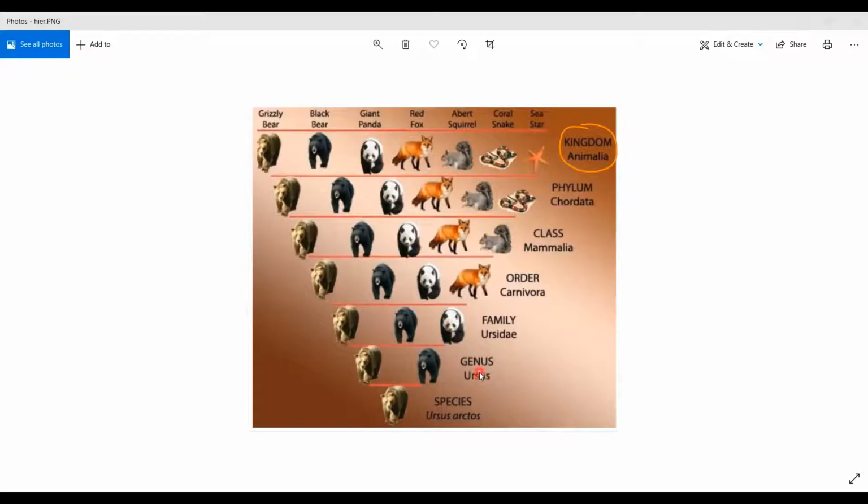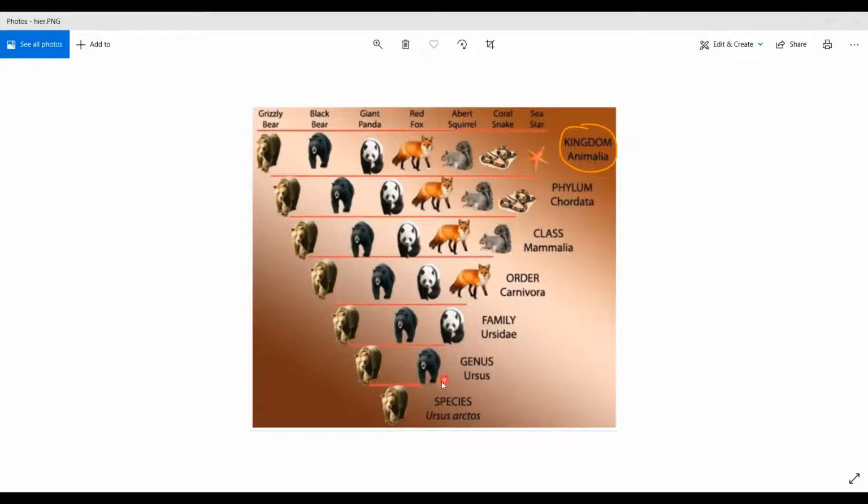Is the panda of the same species? No, it was excluded. But this is what Carl Linnaeus did: he put the organisms in groups, each organism at the beginning in a very large group, and then he limited the similarities between the organisms in this very large group.